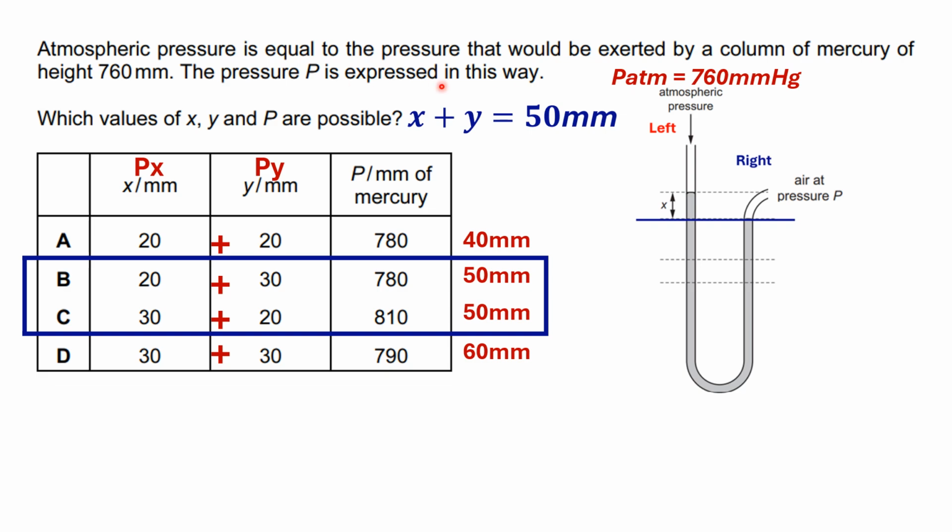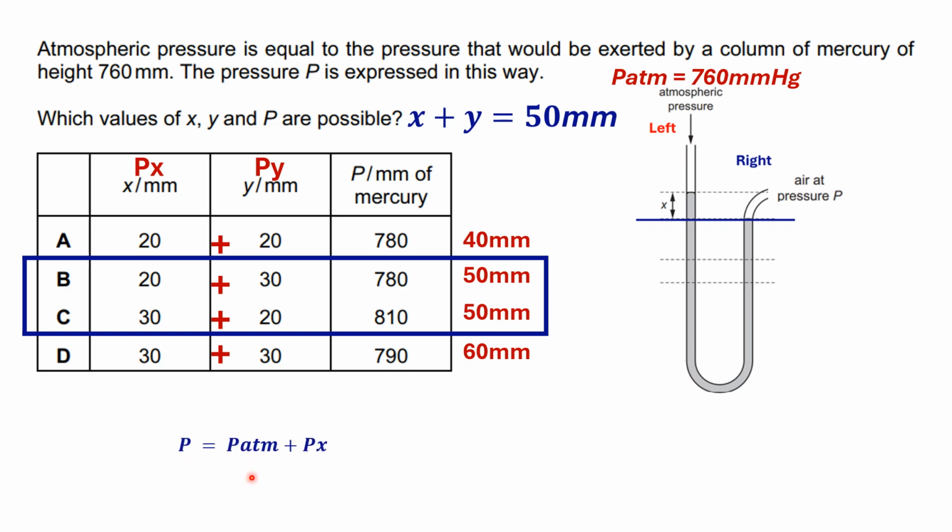So P is also expressed this way. So let's see how we can use the values of x, 20 or 30, to determine the value of the pressure P on this right side.